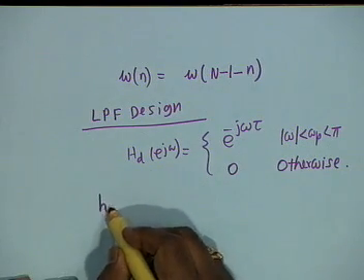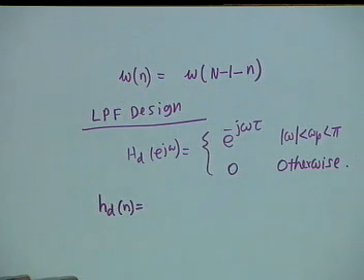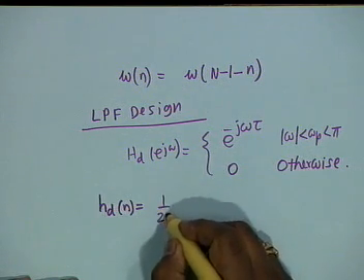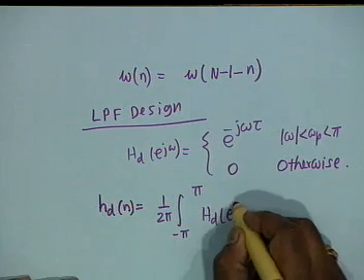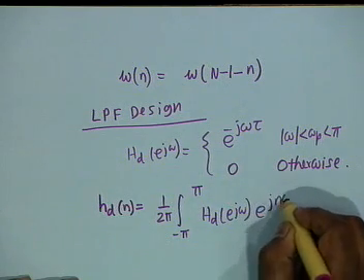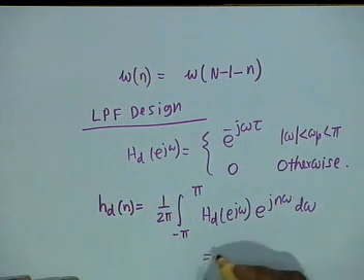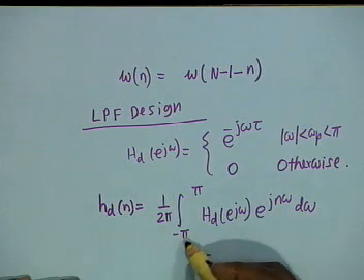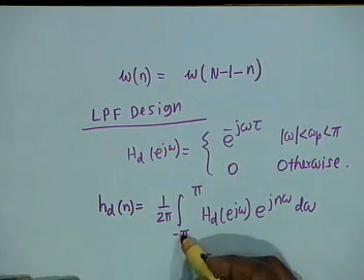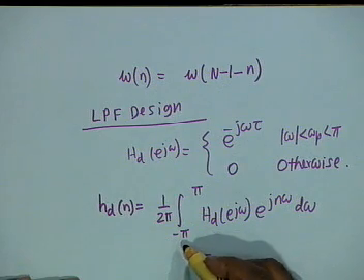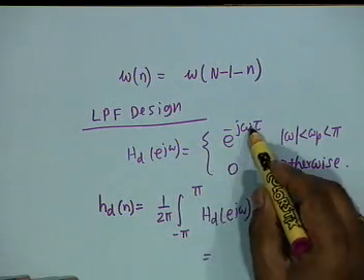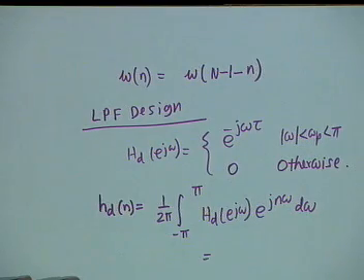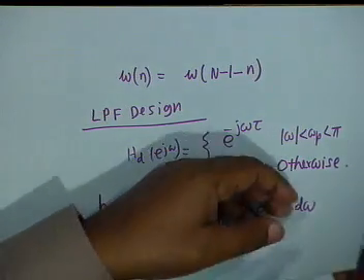If you find Hdn corresponding to this, you have to use the inverse Fourier formula, that is 1 over 2 pi integral minus pi to pi Hd of e to the j omega e to the j n omega d omega. And if you substitute this, the lower limit shall be substituted by minus omega p, upper limit would be plus omega p, Hd e to the j omega by e to the minus j omega tau, and therefore it is a very simple integration, exponential.